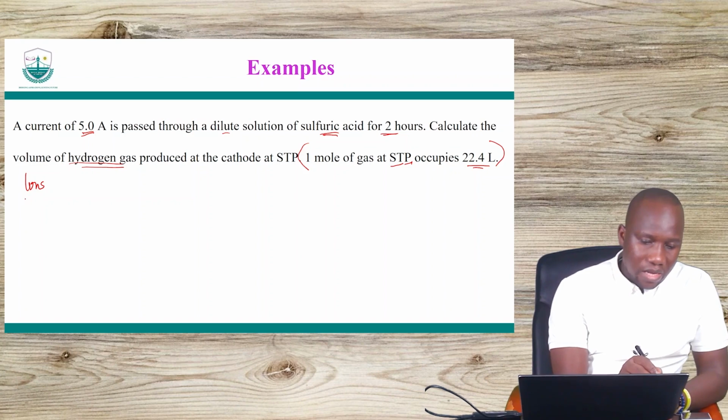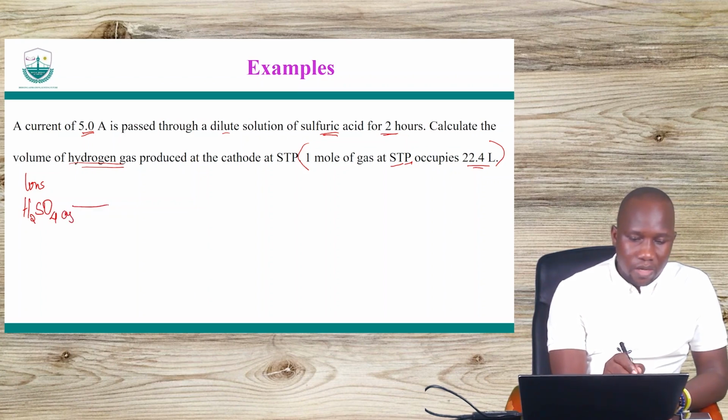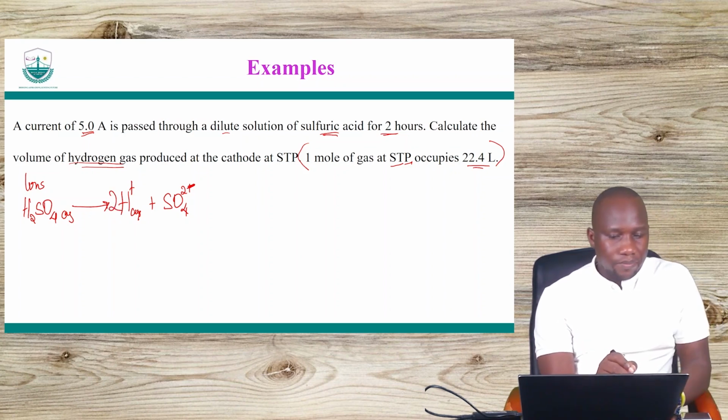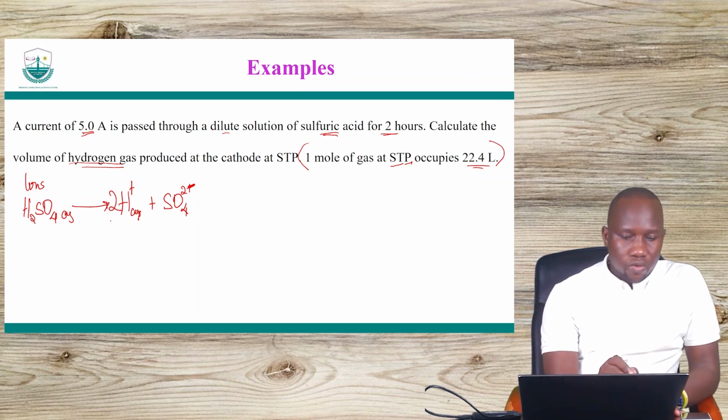You have sulfuric acid, aqueous, giving you hydrogen ions, aqueous, plus the sulfate ions, which are minus, so you need to balance it.